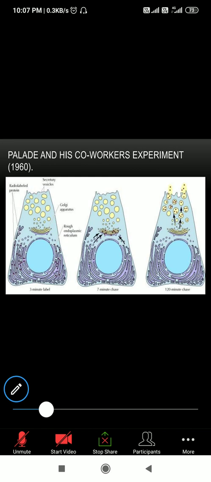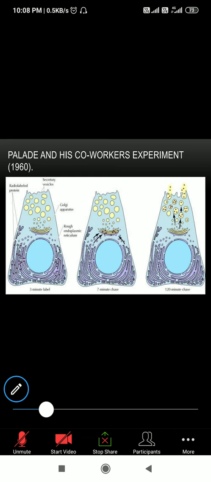The first demonstration of the role of the endoplasmic reticulum in protein processing was carried out by George Palade and his co-workers in 1960. In the above diagram, we are going to study Palade's experiment. They were able to study the pathway taken by secretory proteins, which were translated on the ribosomes of the endoplasmic reticulum, by simply labeling newly synthesized proteins with radioactive amino acids.